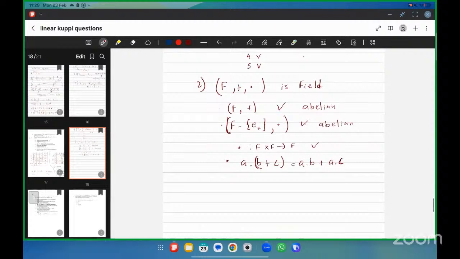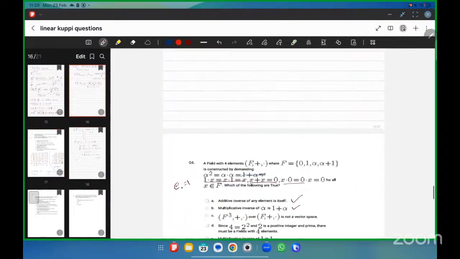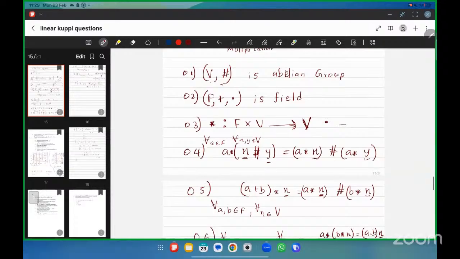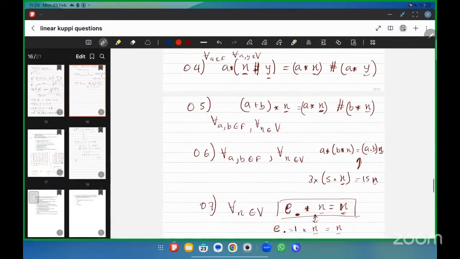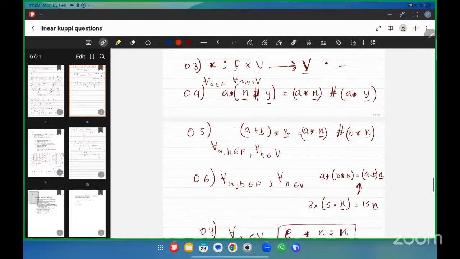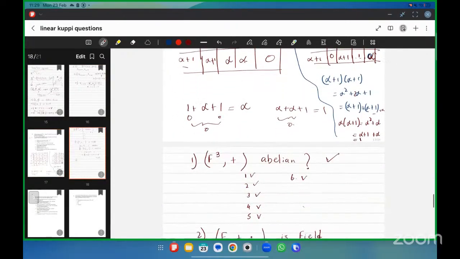And the third condition for the vector space is that F and P give the same in the vector space.